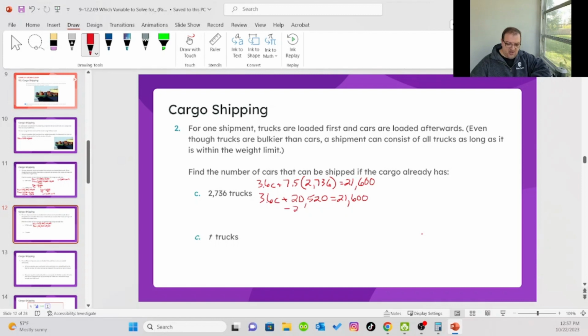I need to subtract 20,520 from both sides. I get 3.6C equals 1,080. Divide both sides by 3.6. And I get C equals 300 cars.